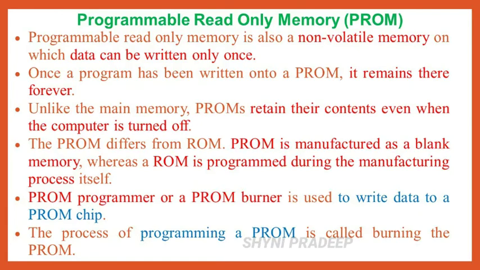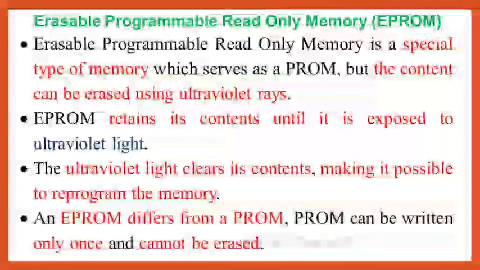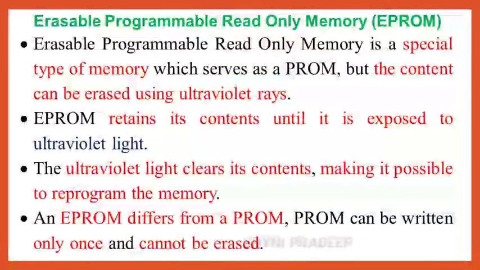Okay. Next, erasable programmable read-only memory, EPROM. It is similar to ROM and PROM. It is also called a non-volatile memory. It is permanent storage memory. But the difference is the content can be erased using ultraviolet rays. So once the data has been written onto a ROM chip or PROM chip, it cannot be modified or removed.